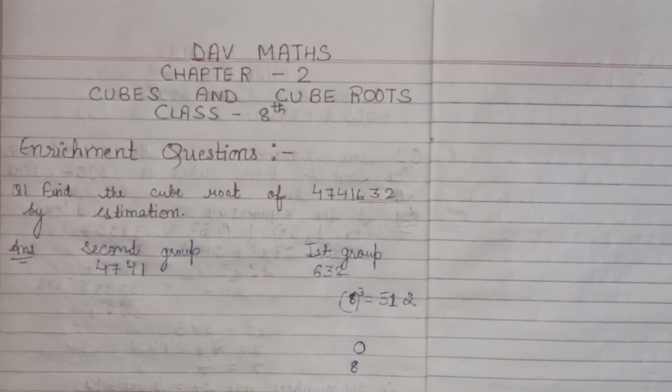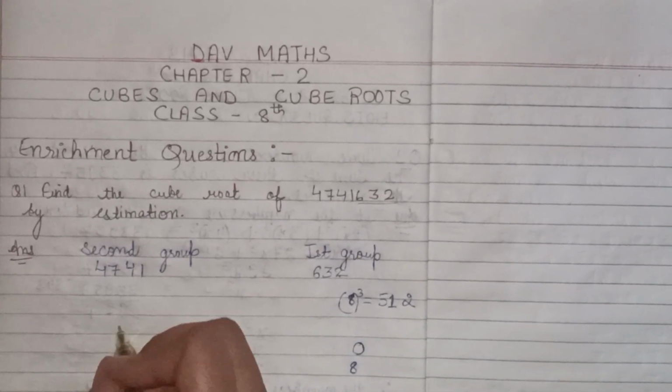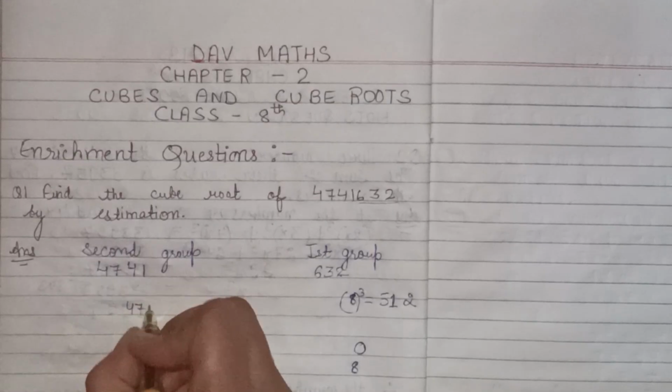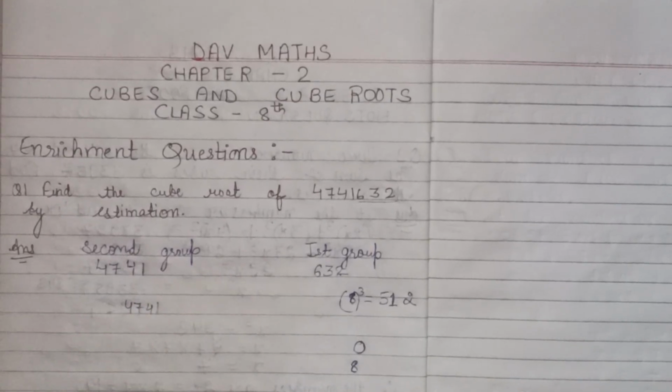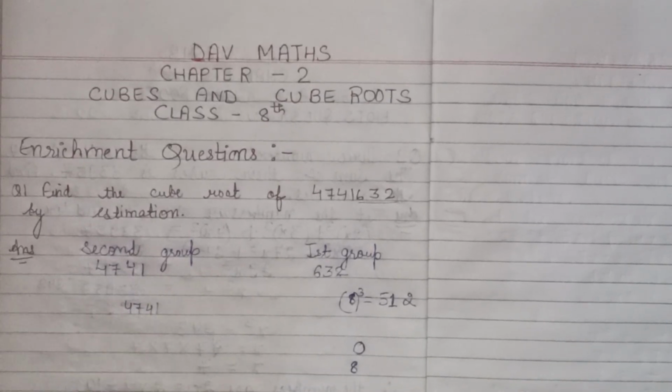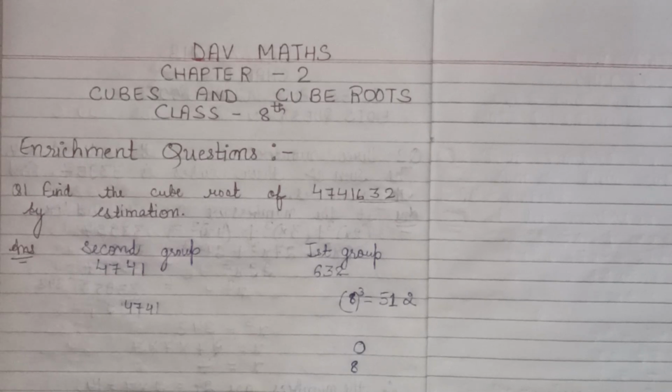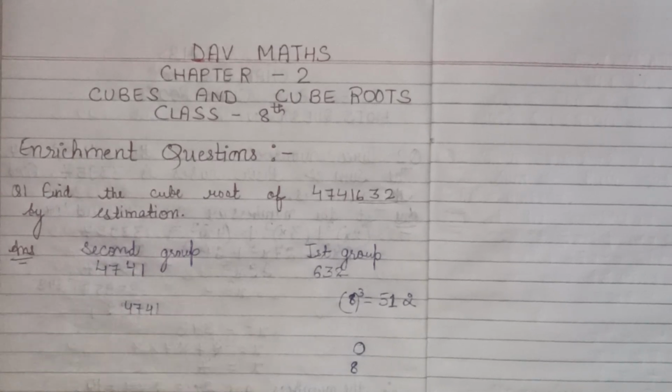In the second group we have 4741. Now we have to find the lesser perfect cube and the bigger perfect cube than 4741.